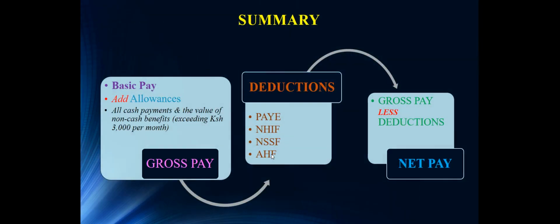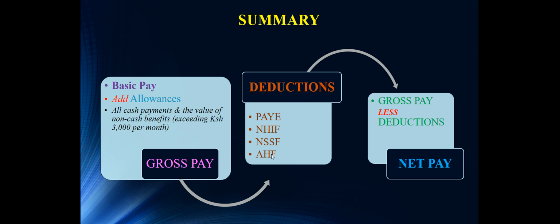Well, in summary, what encompasses a payslip or the payroll analysis are the basic pay, the deductions, and the net pay. The gross pay, as discussed, is the fixed amount of money that you have agreed with your employer to pay you every month.